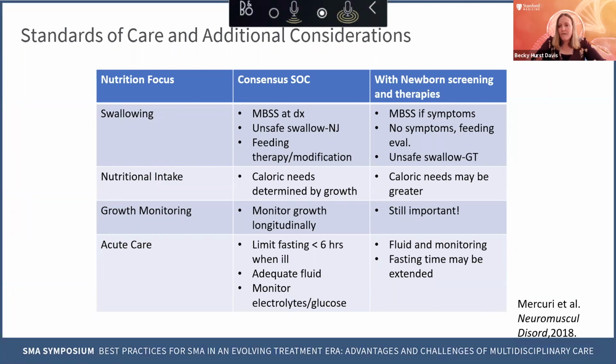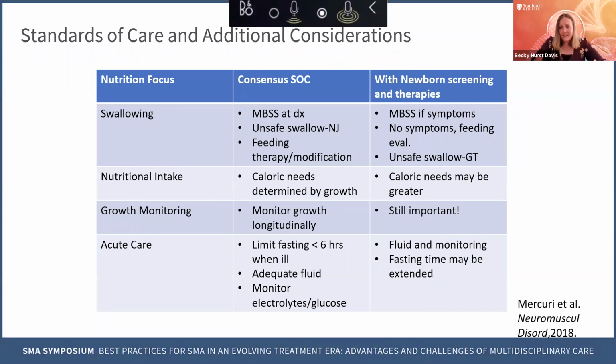So coughing or choking with feeds, increased respiratory illnesses, taking a longer time with feeding, or fatigue with feeding. If we had those symptoms, then we would do a swallow study. But if there are no symptoms, we just generally do a feeding eval.